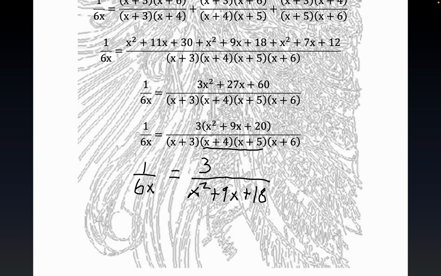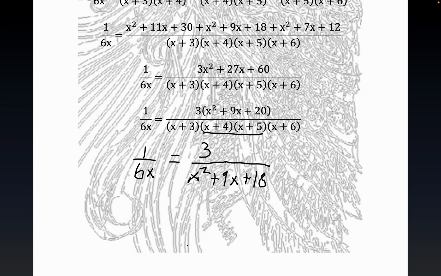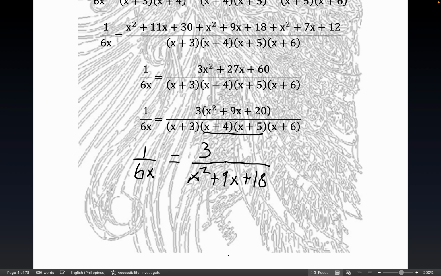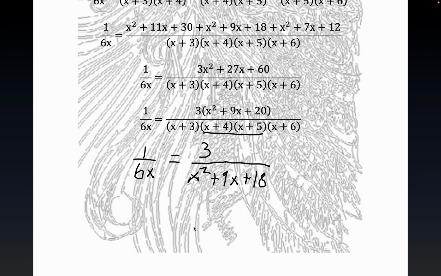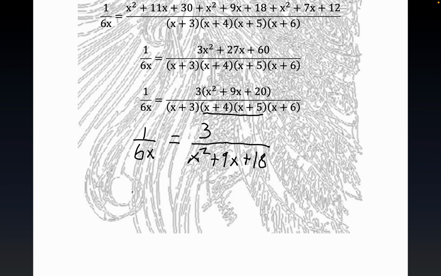Now what can we do here? If you look at this, if you invert and multiply by 3, let's see what happens. If two fractions are equal to each other, the reciprocals are equal to each other.